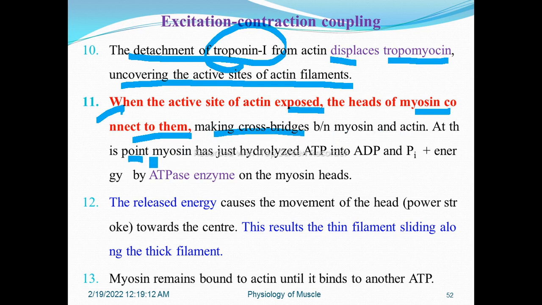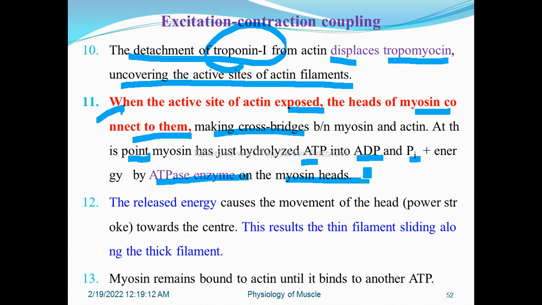At this point, myosin has just hydrolyzed ATP into ADP and inorganic phosphate. This process produces energy. This breakdown takes place by the ATPase enzyme on the myosin heads.